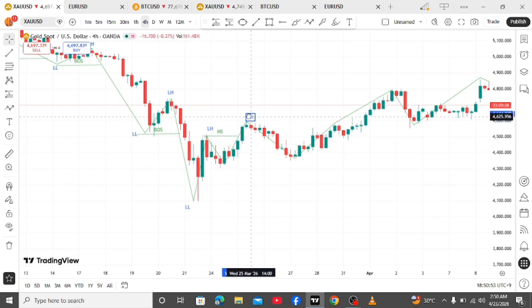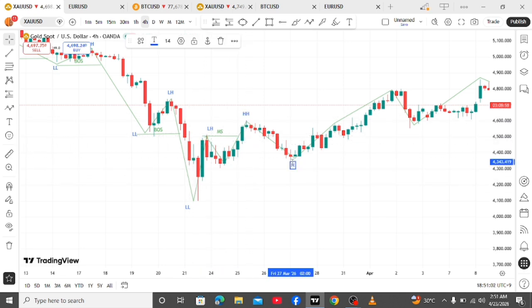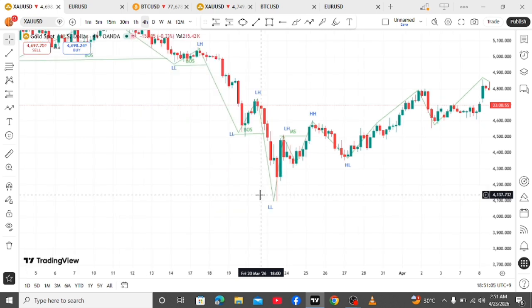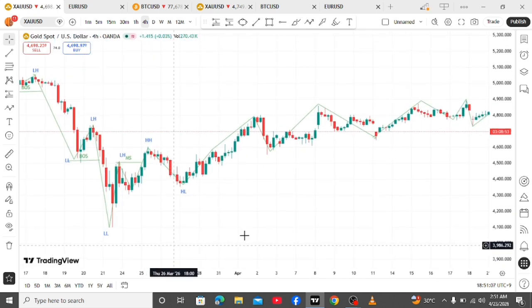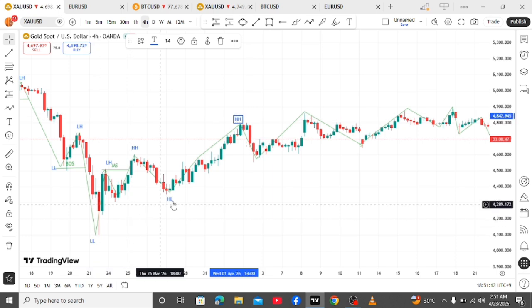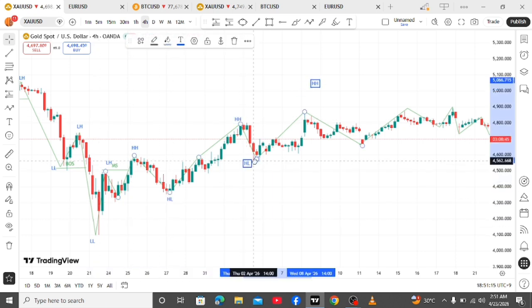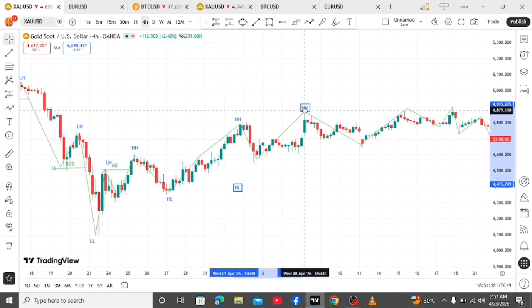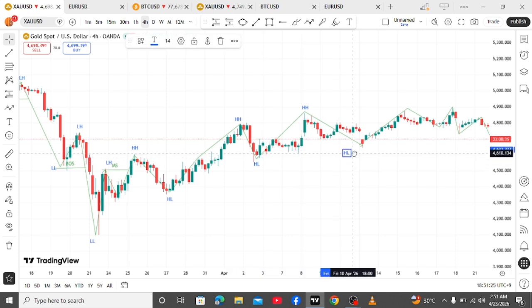So this is your higher high and this is your higher low. This is your higher high and this is your higher low. Here is your higher high and this is your higher low.